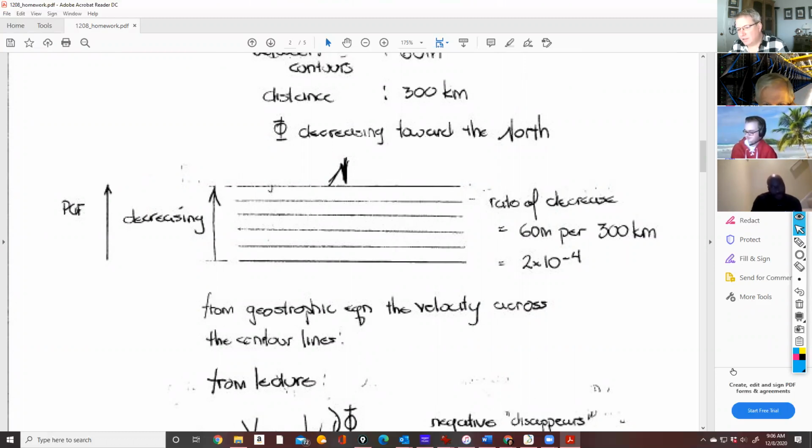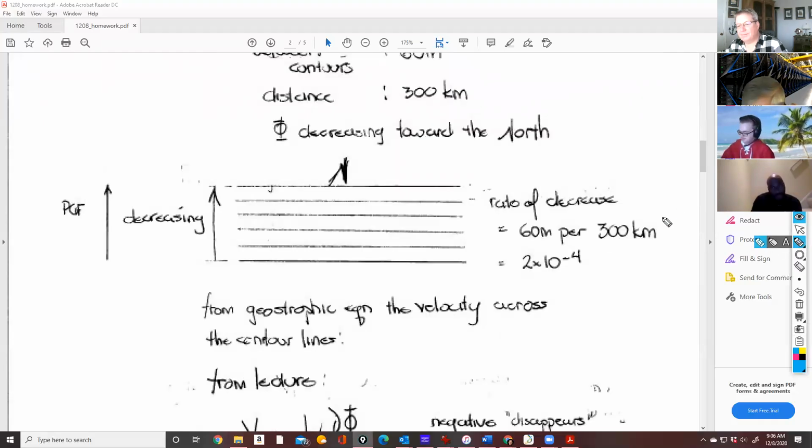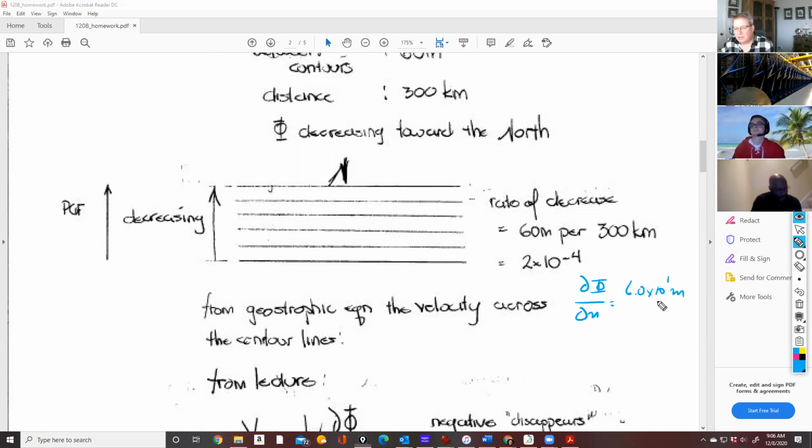I would do d phi dn equals 6.0 times 10 to the first meters per 3.0 times 10 squared times 10 to the third, which is equal to 6 times 10 to the first meters divided by 3 times 10 to the fifth meters.